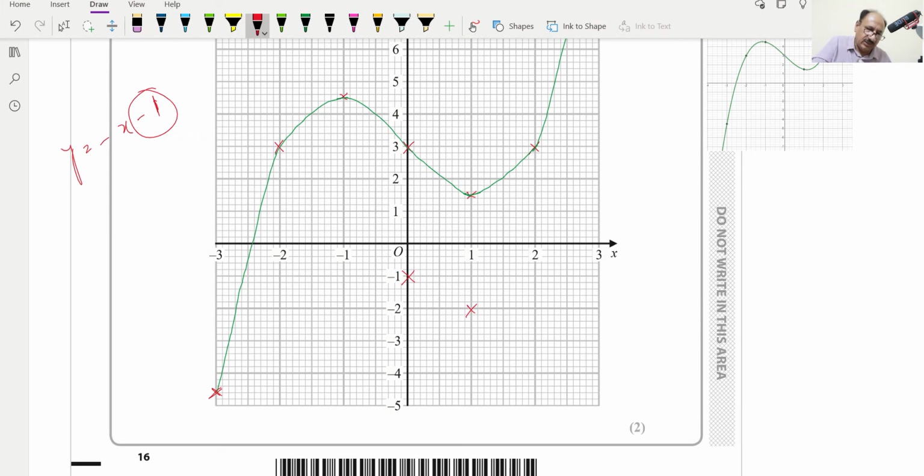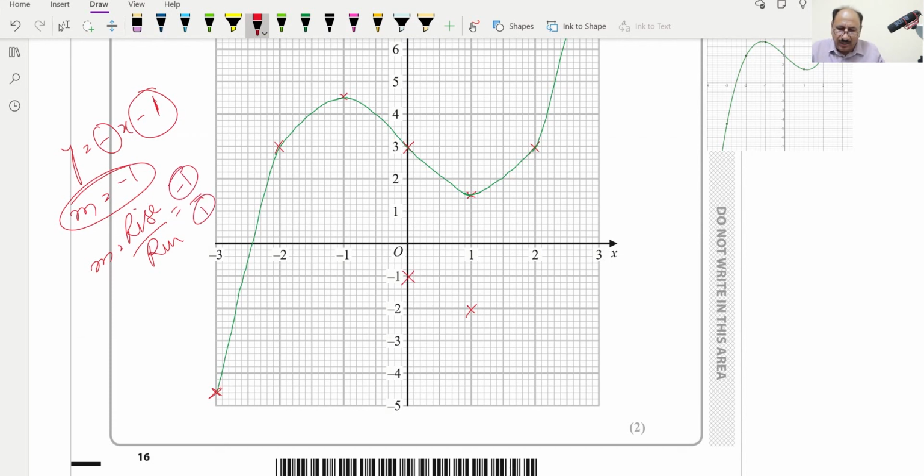What we have done, we have taken m value as minus 1, and m is equal to rise over run. So rise over run means minus 1 over 1. So 1 unit right and 1 unit down, or 1 unit left and 1 unit up. So this will be basically the negative gradient of 1, and we can draw the line like this one.